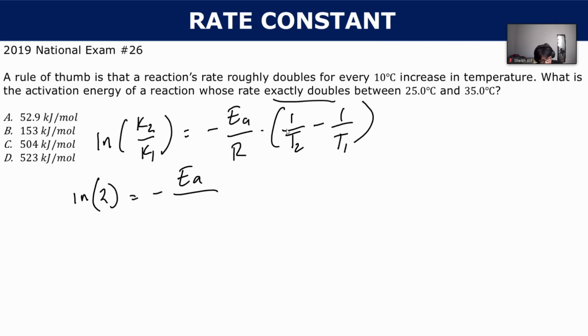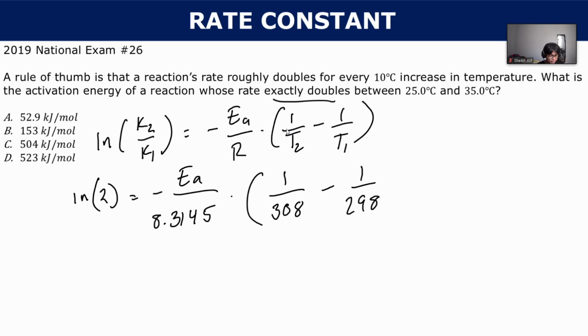We know the gas constant is 8.3145. The second temperature is 35 degrees Celsius, which is 308 Kelvin, and then minus the temperature 1, which is 298 Kelvin.